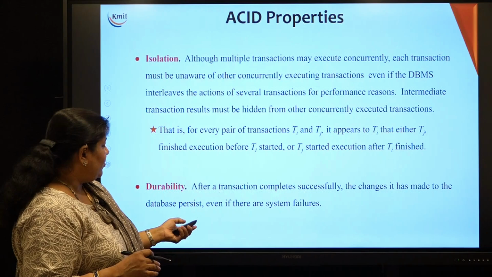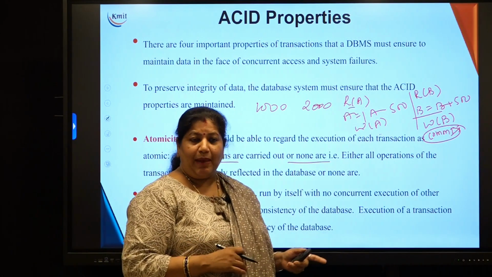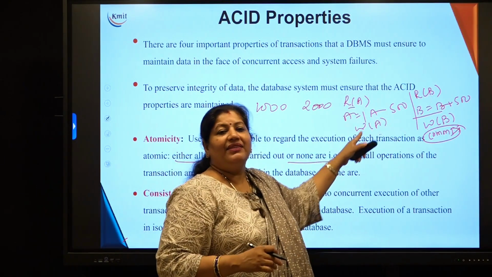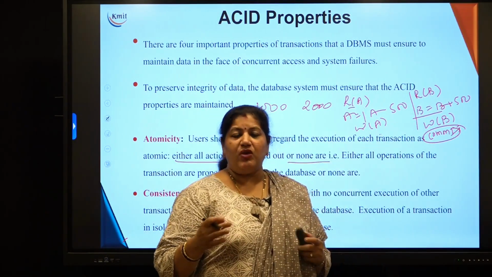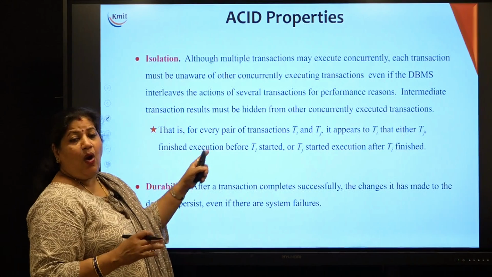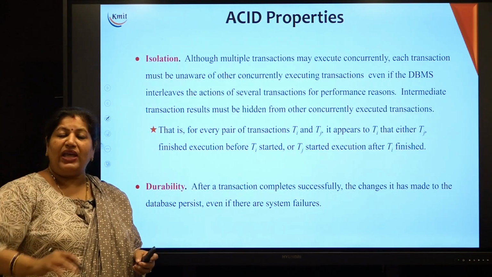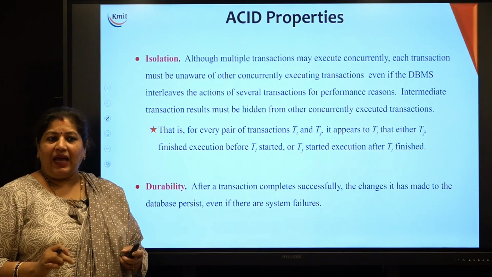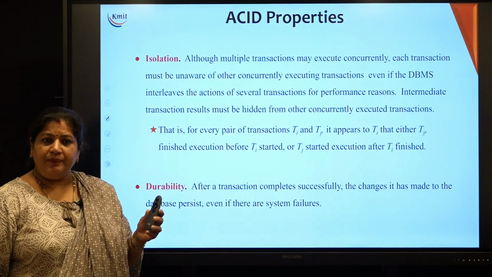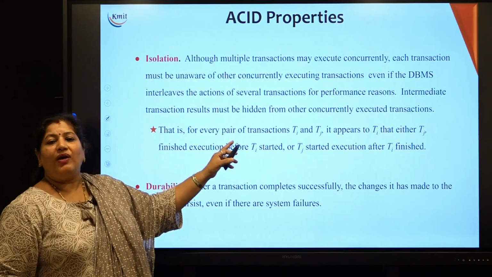As you saw in the previous one also, it may so happen that reading of A happens, then before subtracting this, reading of B happens, then you subtract this, then you write A, then you add or modify B. It may happen interleaved, but the idea of isolation is that wherever you are modifying common data, a lock must be applied, and it has to see that other executions will not interfere with its execution.